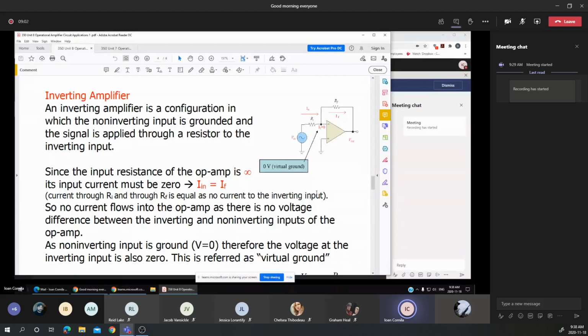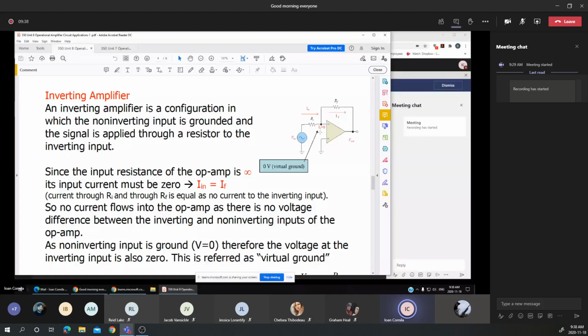In this week's lab, lab 7, we go through the measurements that we can take using a non-inverting amplifier. As a homework, I used the inverting amplifier, and now we know how to calculate the theoretical value for a non-inverting amplifier. And now we are going over the other application, which is an inverting amplifier.